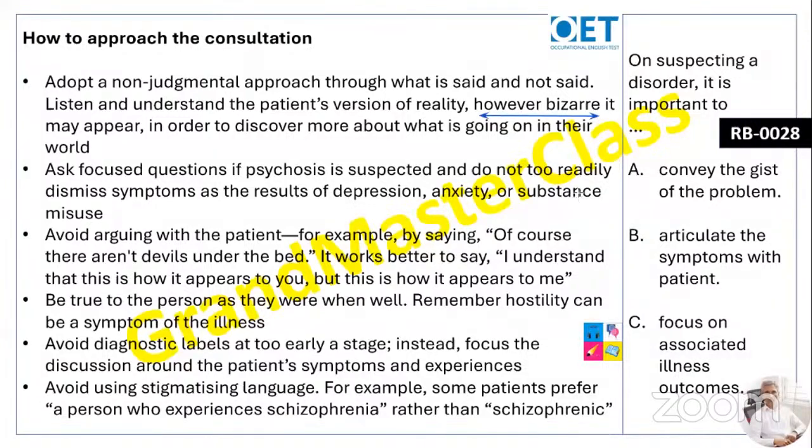I have tension. This many years I have taken it, but I don't want it. Maybe he'll talk nonsense also. It may appear, in order to discover more about what is going on in their world. It's his personal experience. What has he experienced? Learn more about him. If you ask questions, you can get it. This is called elicitation, gathering information from the patient.